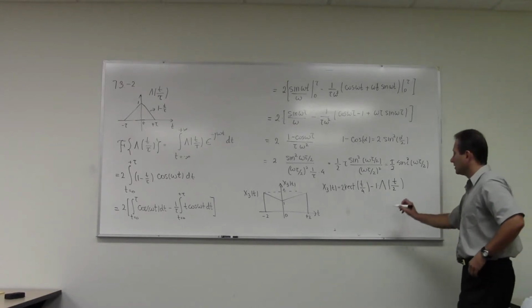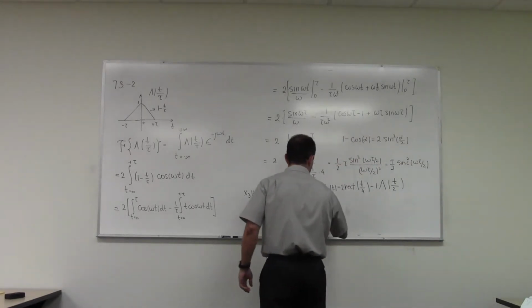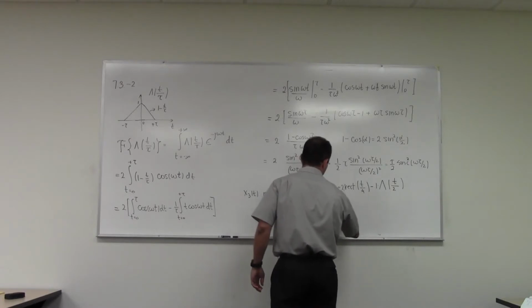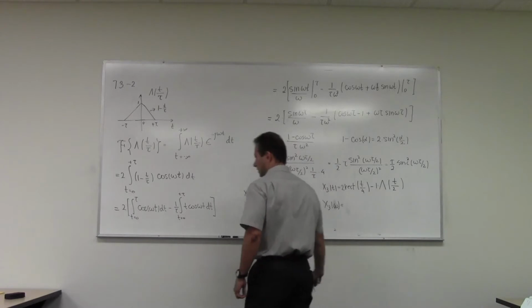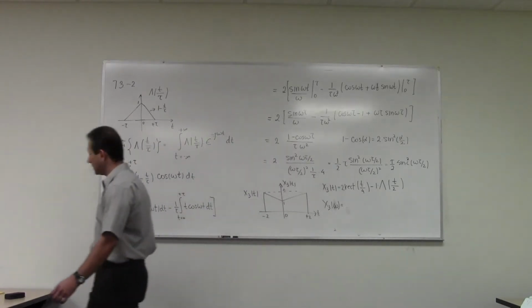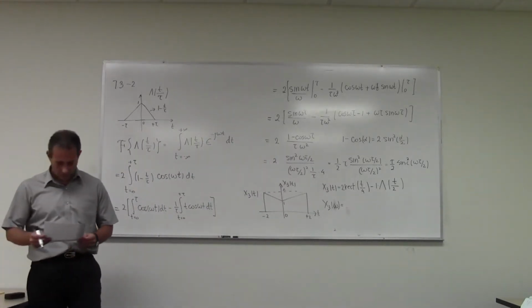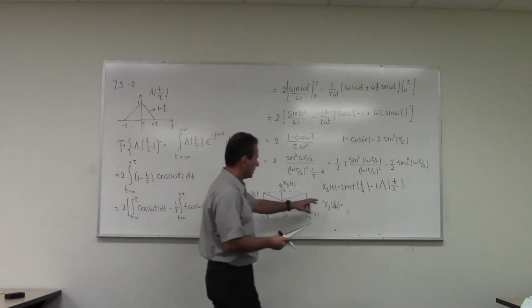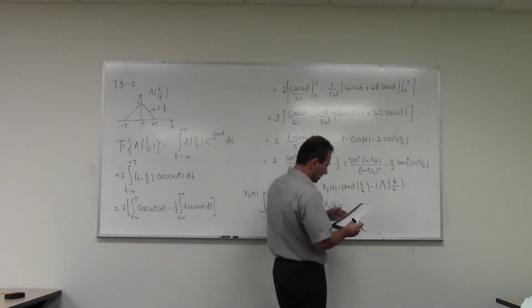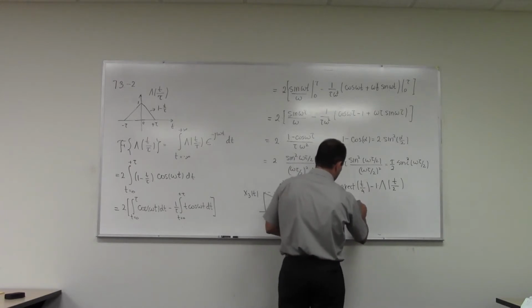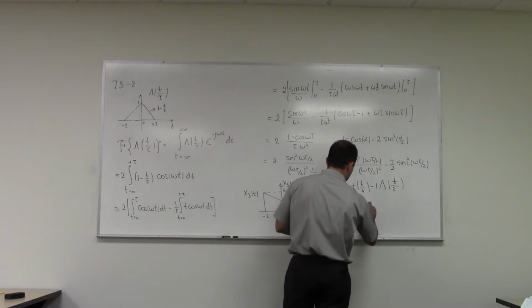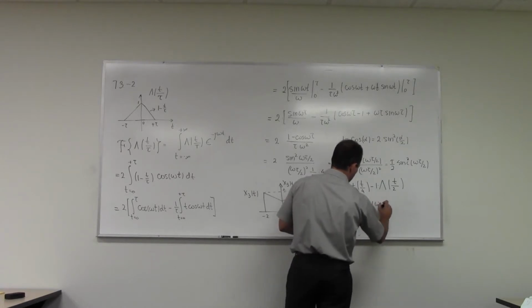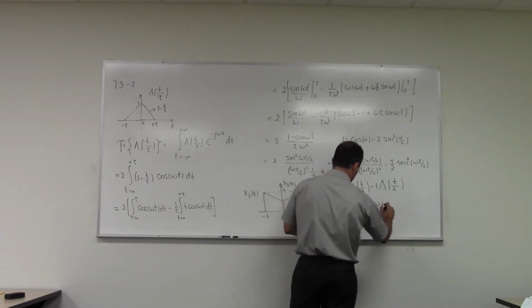And then Fourier transform, now x3 of f, or rather omega. We determined the Fourier transform of the rectangular pulse just earlier today, and we saw that the rectangular of t over tau is going to be 2 times tau, which in our case is 4, and then sinc omega times tau, which is 4, divided by 2.